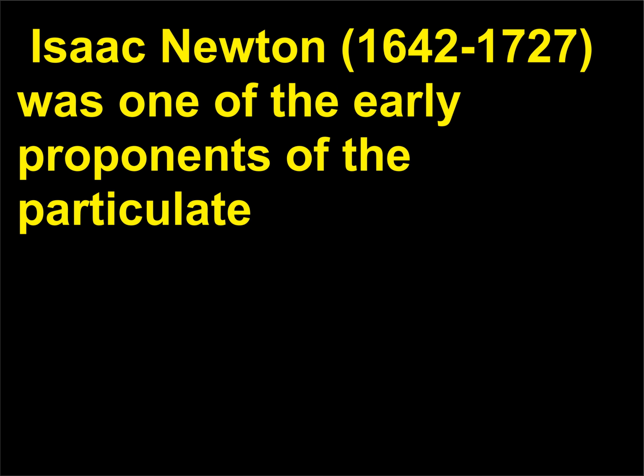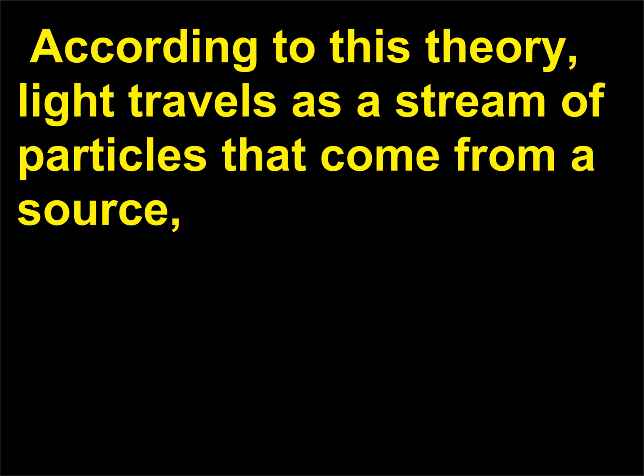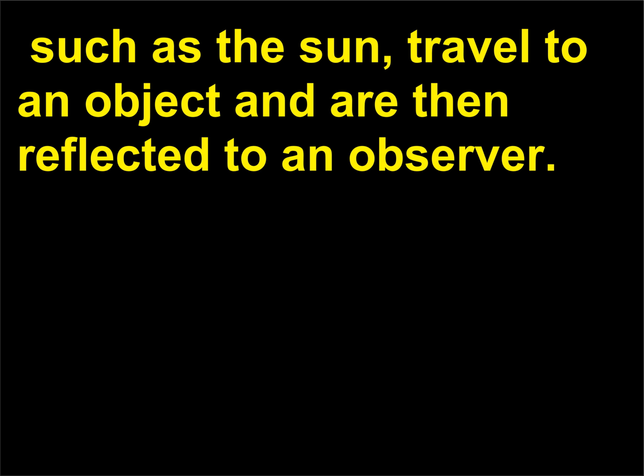Isaac Newton, 1642–1727, was one of the early proponents of the particulate or corpuscular theory of light. According to this theory, light travels as a stream of particles that come from a source, such as the sun, travel to an object and are then reflected to an observer.